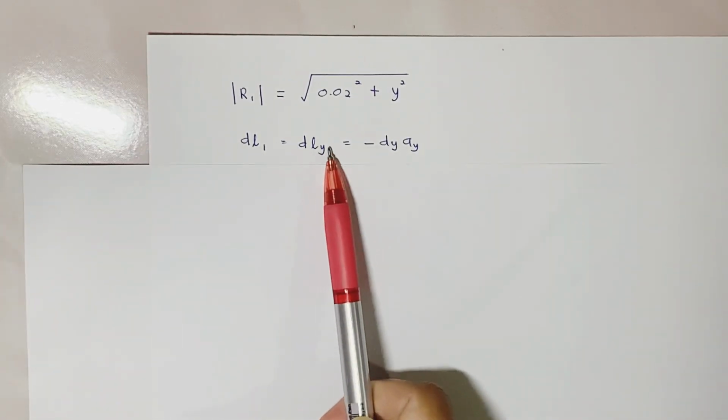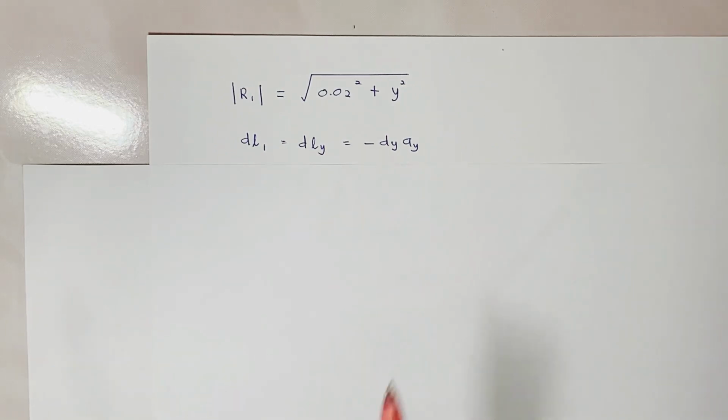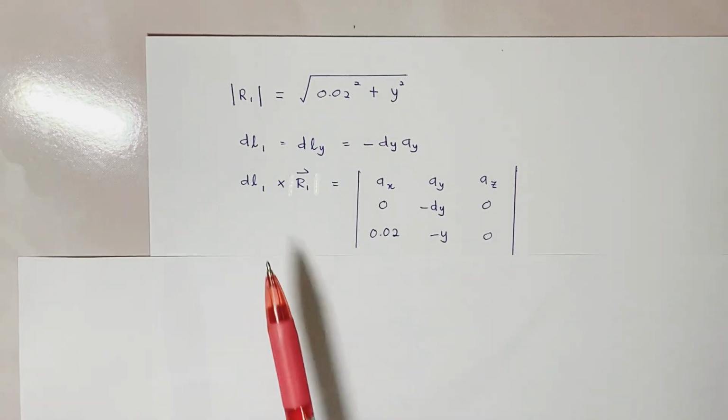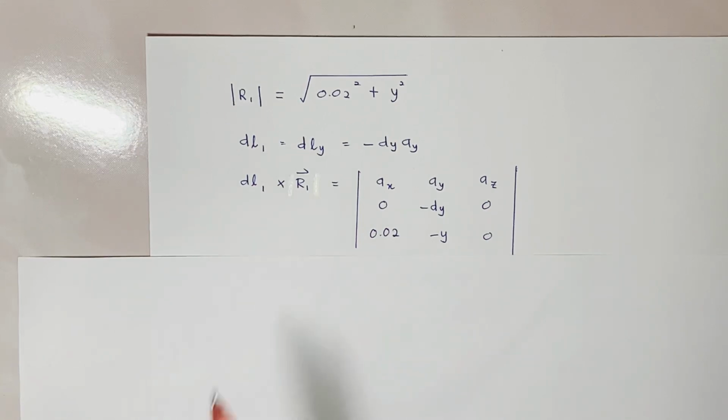So dl1 equals dly equals negative dy ay. Negative dy ay comes from the equation in the table in chapter 1. Now you need to solve dl1 cross r1 because of the equation.